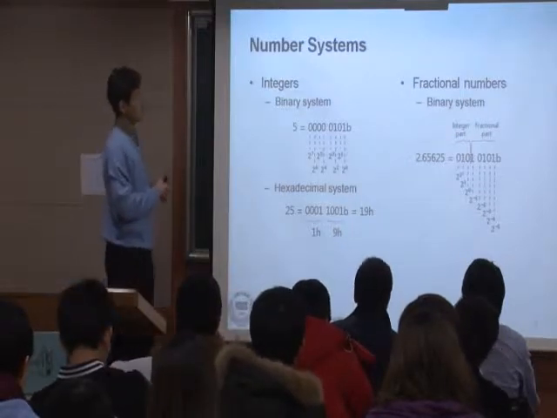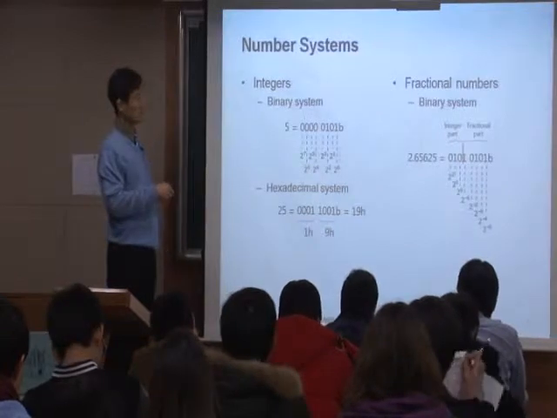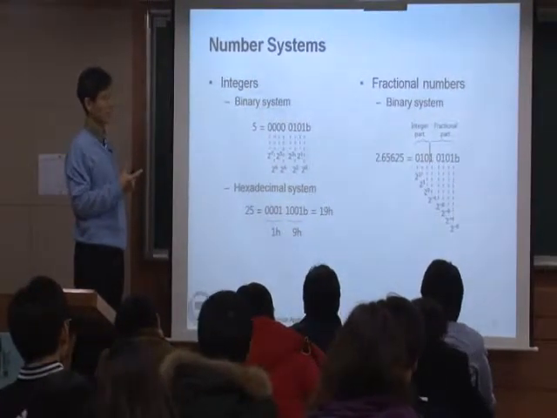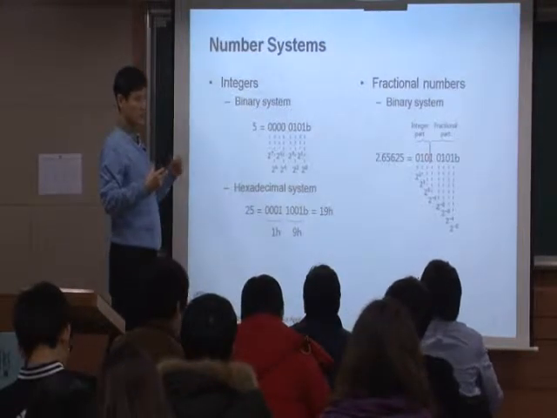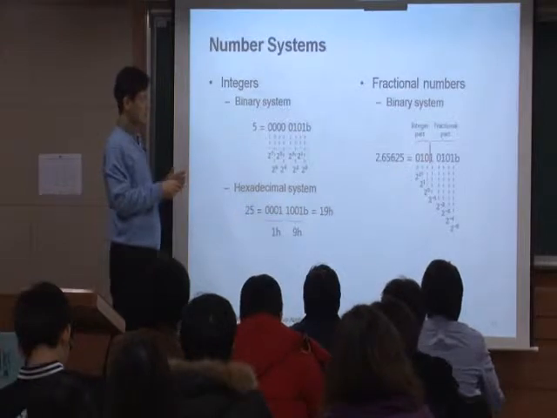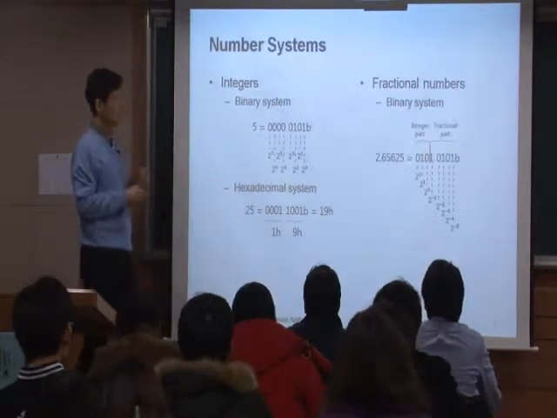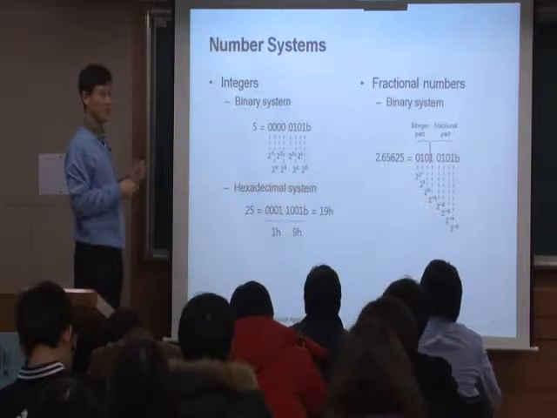Remember that we discussed some integers and fractional numbers. We are talking about 8-bit data, right? An 8-bit microprocessor. So we have an 8-bit container, and using these 8 bits we want to represent certain numbers, for example integers.